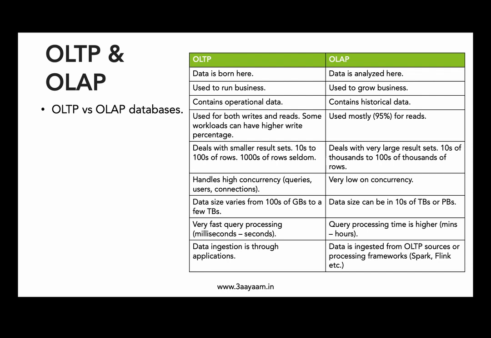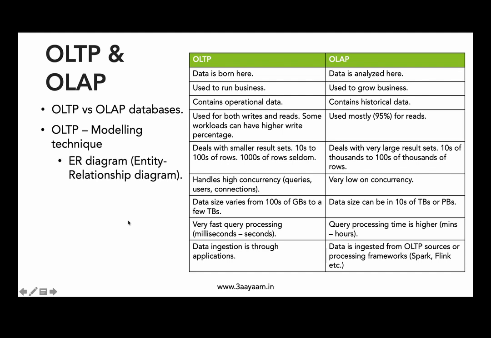So as you can see, the purpose of OLTP databases and OLAP databases are very, very different. So because of that, the data modeling techniques of OLTP databases and OLAP or data warehousing systems are also different. In case of OLTP databases, there are some modeling techniques, and the main is ER diagram or entity relationship diagram.